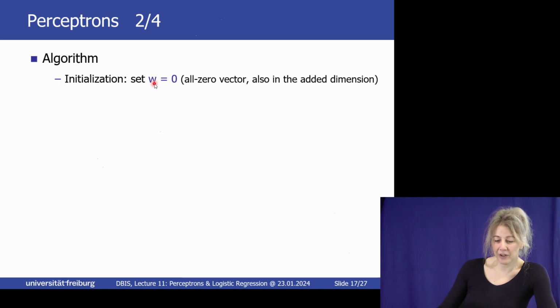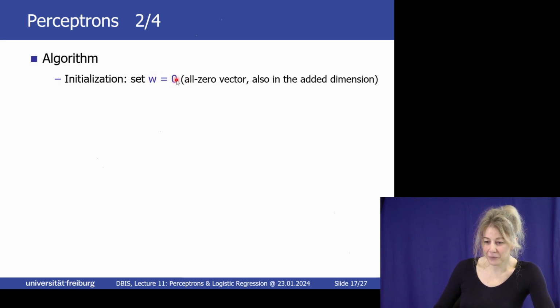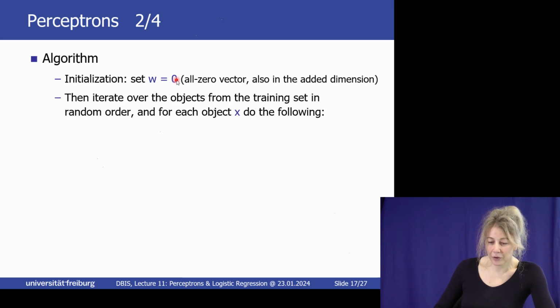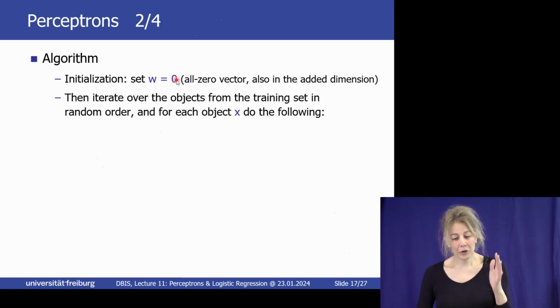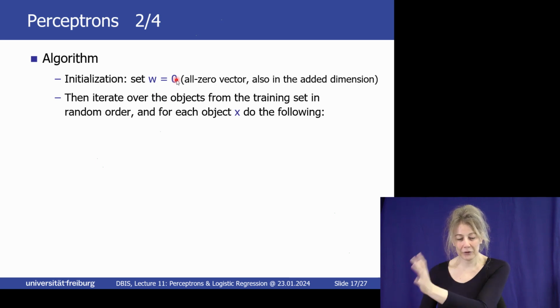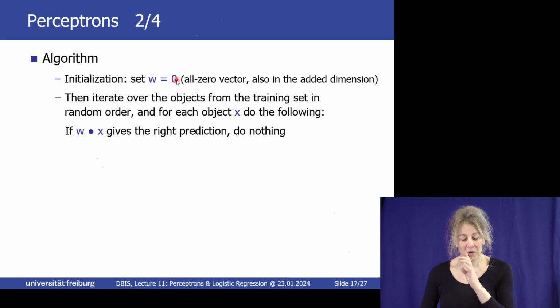Let's start with a very stupid hyperplane, which doesn't even make sense. That's not even a hyperplane because it contains all the elements, so that's a degenerate case. But you can even start with that, or you can start with a random vector. You don't know anything. Now you go over the objects from your training set, over your examples, over your movie plots, one by one, and you do the following.